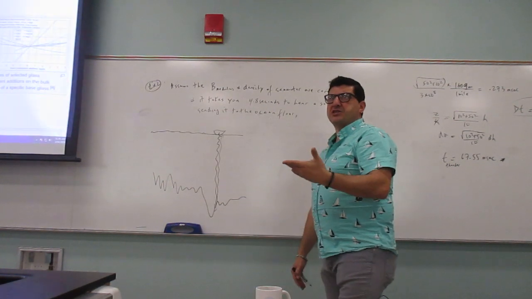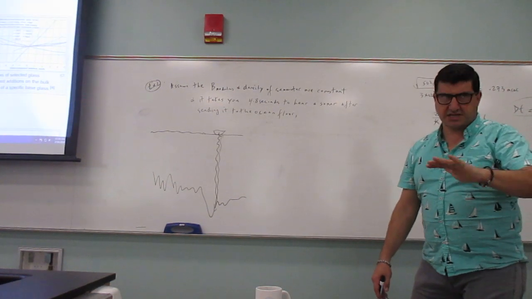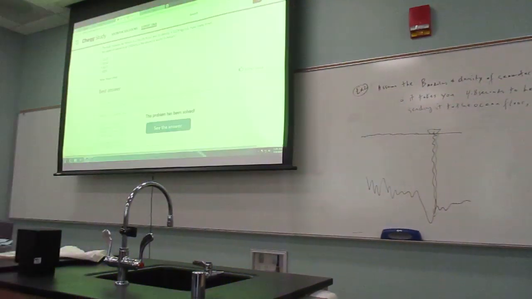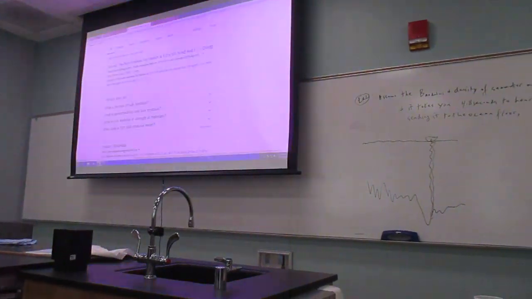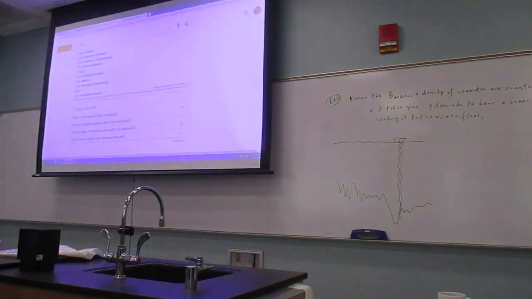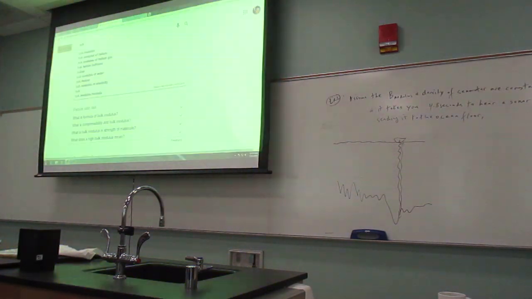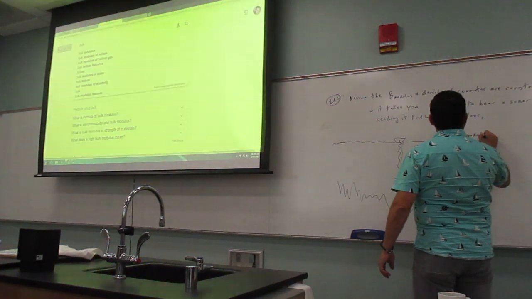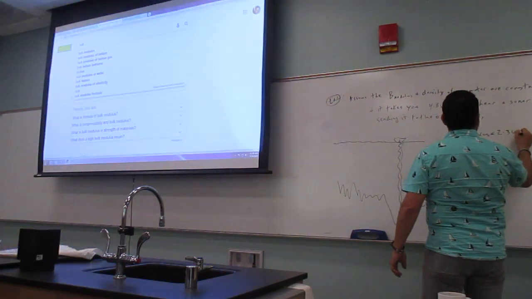So assume the bulk modulus and the density of seawater stays constant, right? So here, what was the bulk modulus of seawater? We had that before, right? Did I write it? I think I wrote it. Did anyone remember? We wrote the bulk modulus of seawater. 2.34 gigapascal. Yeah, 2.34 times 10 to the 9.